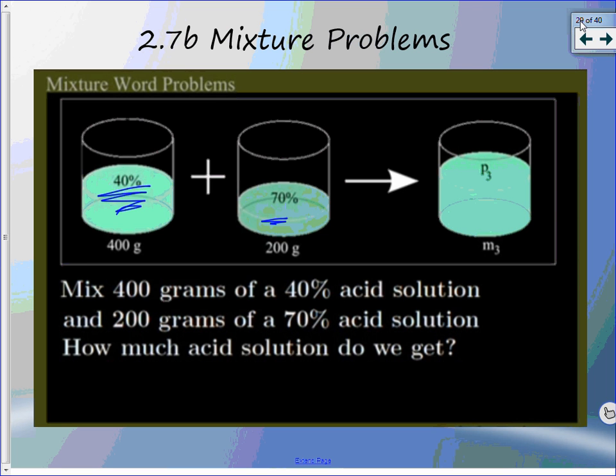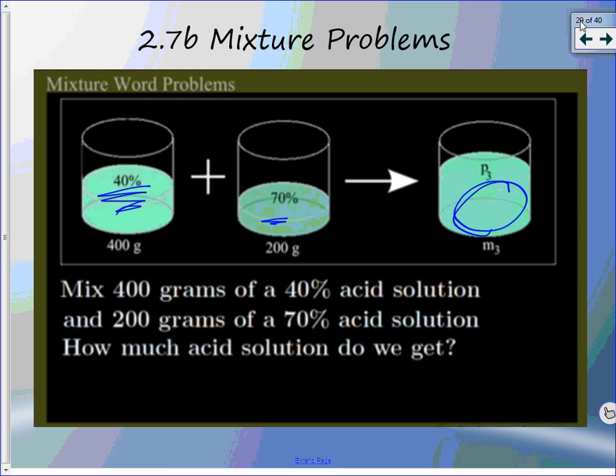So you think, oh, why is 70 less? But it's less because you're putting less grams of that solution in it. So this is a 40% acid solution and a 70% acid solution. What percentage will the final solution have of acid in it?